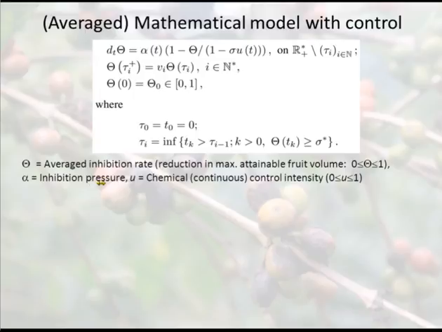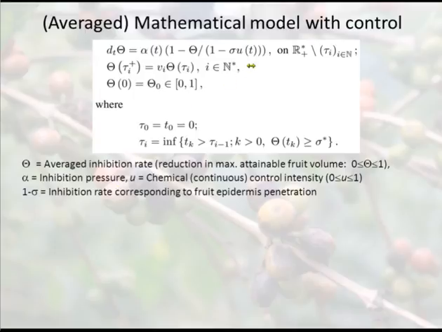Alpha is the inhibition pressure. The larger alpha is, the better conditions for the growth of anthracnose. U is chemical control intensity. Notice that if U is 1, then this denominator is reduced, so this negative term is increased, which reduces the growth of anthracnose. 1 minus sigma is the inhibition rate corresponding to fruit epidermis penetration.